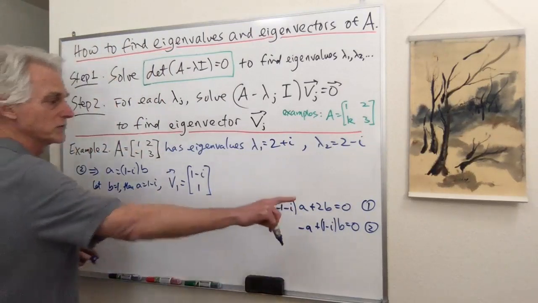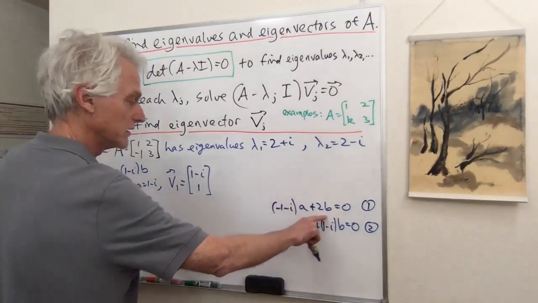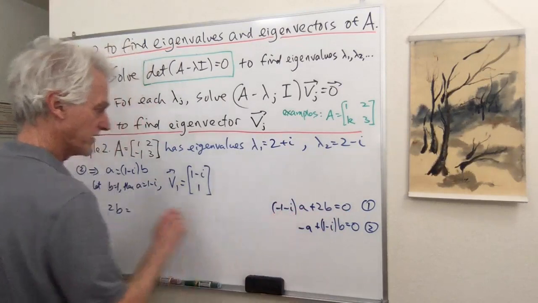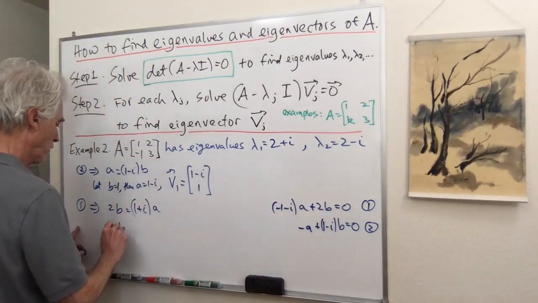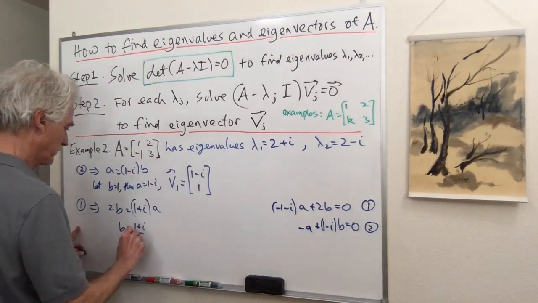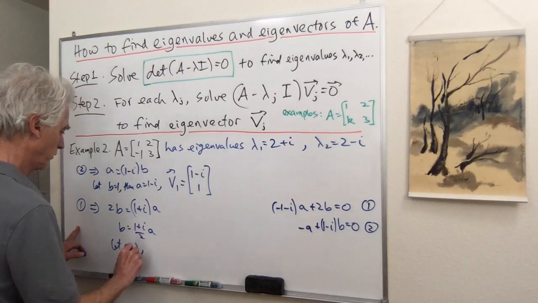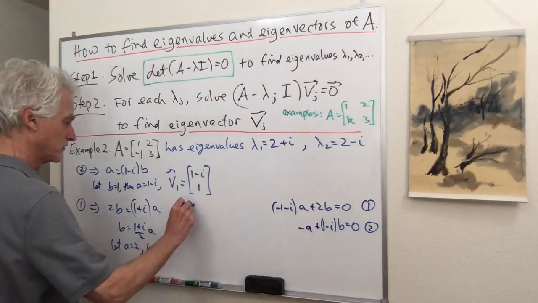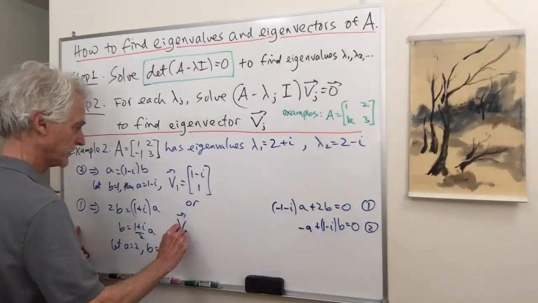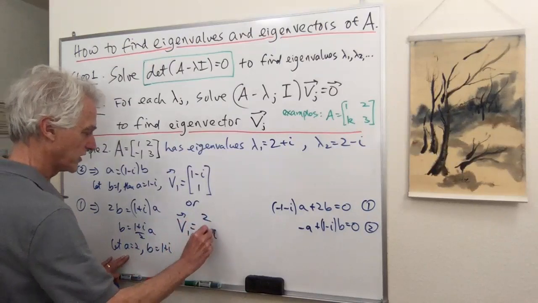Equation 1 implies that 2b is the negative of that times a, so b is (1 plus i) over 2 times a. And I'll let a be 2, and then b is 1 plus i. So another natural choice is that v1 is (2, 1 plus i).